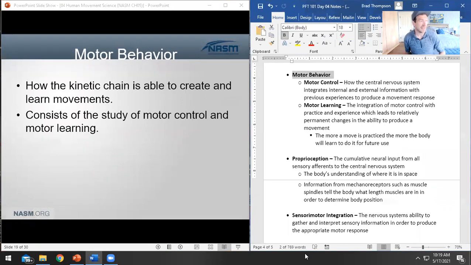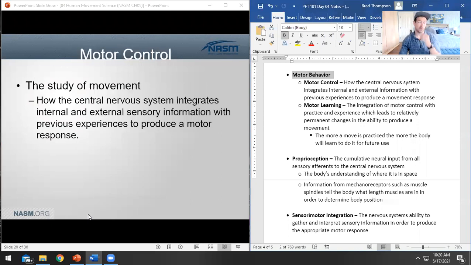So motor behavior is the study of how your body, the study of how your kinetic chain is able to create and also learn specific movement patterns. How does your body create a movement, and then how does it remember how to create that movement again in the future? That's your motor behavior.